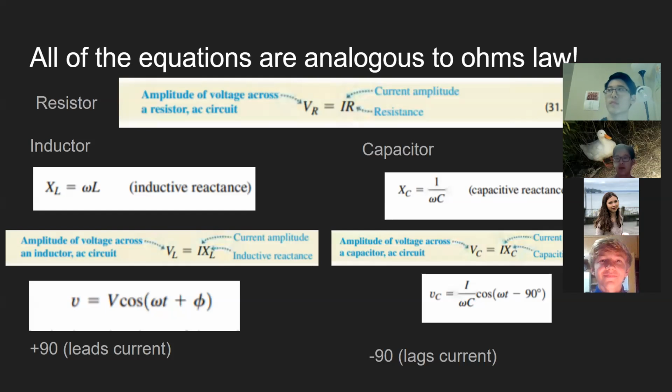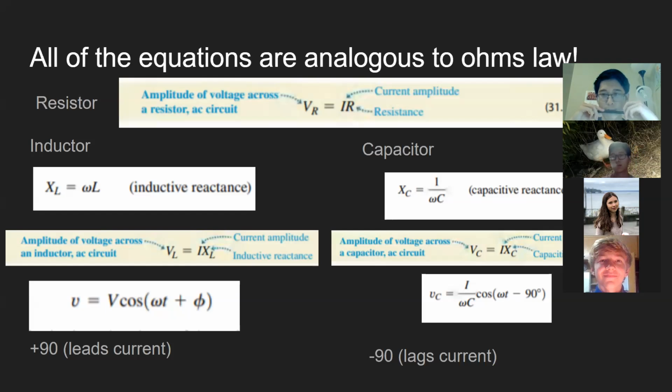So it depends on the reference. Are you saying that the current is lagging the voltage or the voltage is lagging the current? So remember, in an inductor, how I think about it is the current lags the voltage, or you could think about it how it's on the slide, which is the voltage leads the current. Does that make sense?